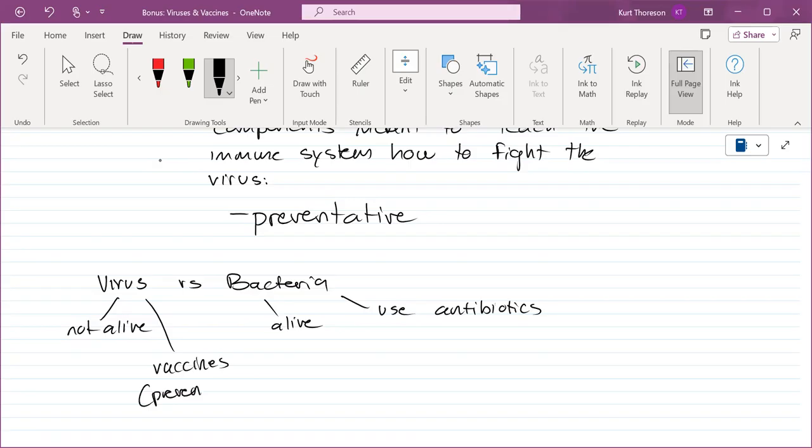I'm really trying to just get this before the bell rings, guys, so I'm not having complete thoughts here. If you have the flu, will an antibiotic work? No. Antibiotic means anti-life. Antibiotic against life. Viruses aren't alive. Antibiotics fight bacteria. Vaccines prevent viruses. But once you have a virus, the vaccine doesn't work.